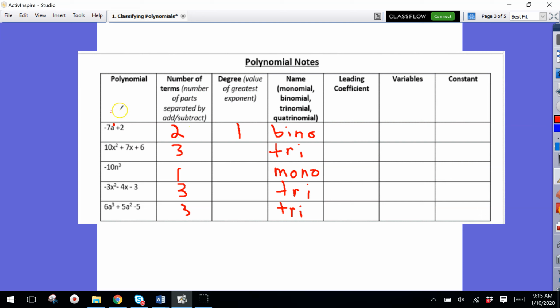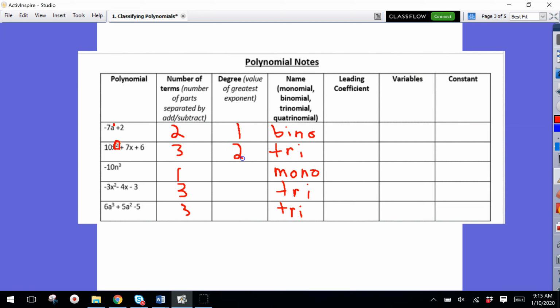Now, we have been dealing mostly with things that have a degree of 1 in this class because we've been dealing with linear functions. In the rest of the class, we're going to be talking about things that have a degree of 2. So here, the highest exponent is a squared.